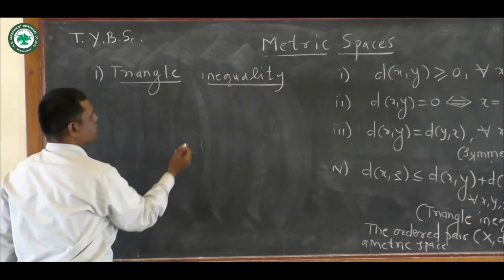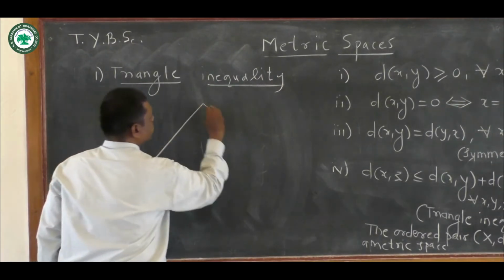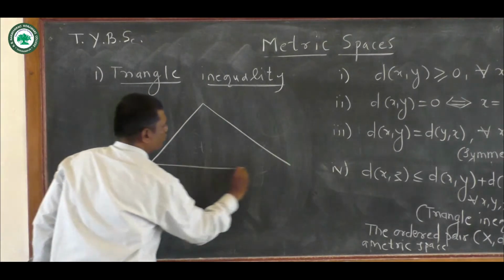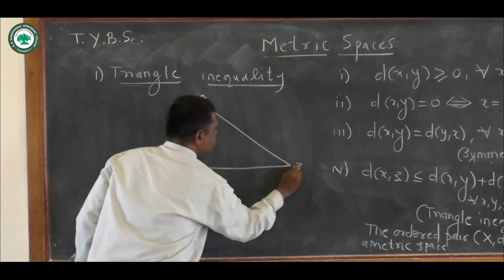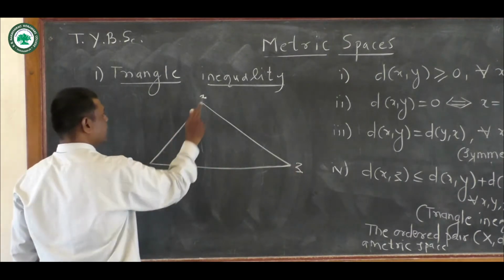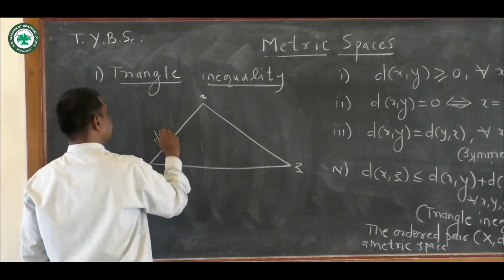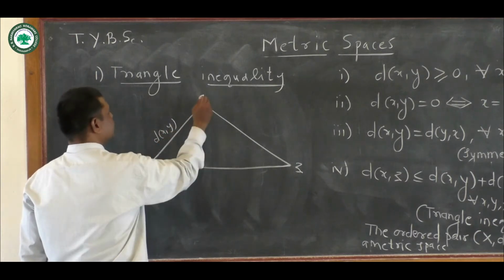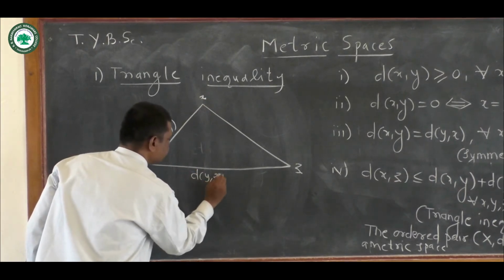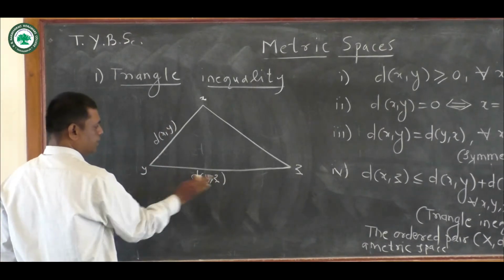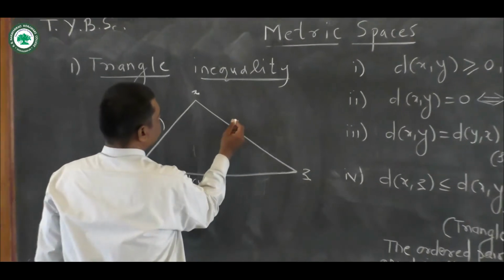If you consider this triangle with vertices x, y and z, the length of this side is d of x,y, the distance between x and y. The length of this side is d of y,z, the distance between y and z.